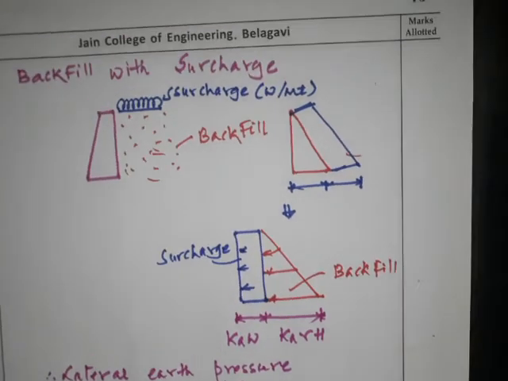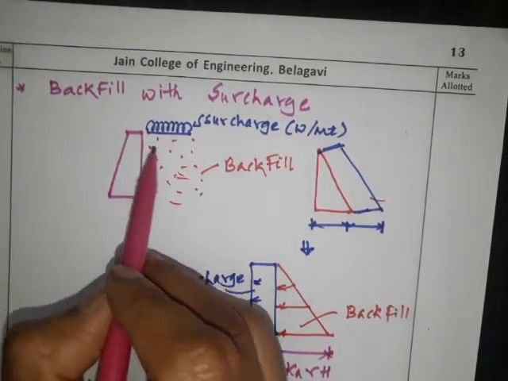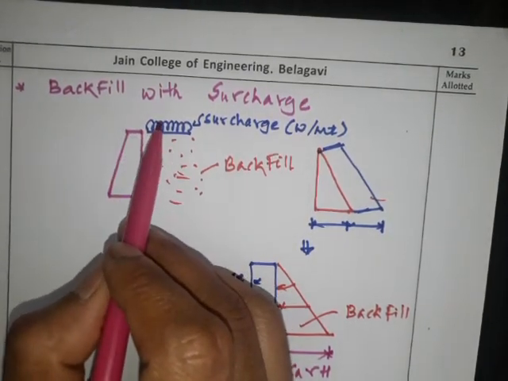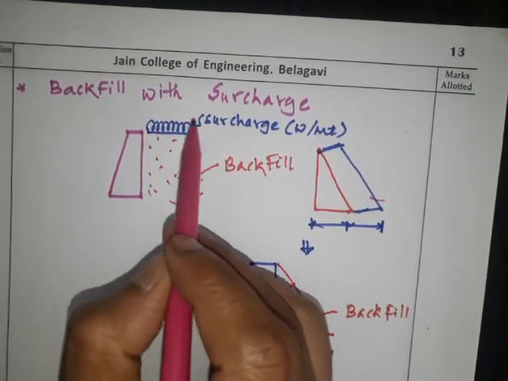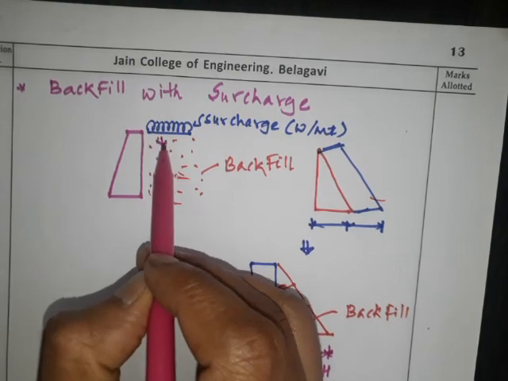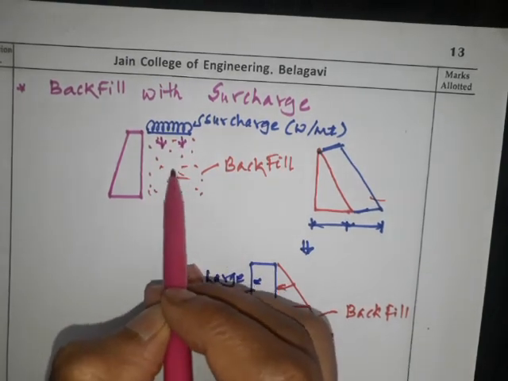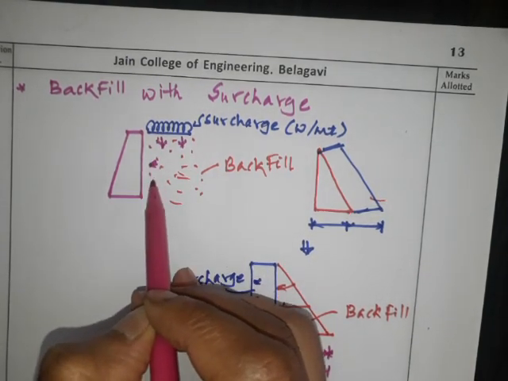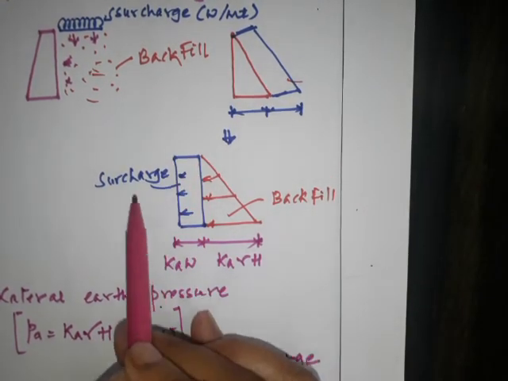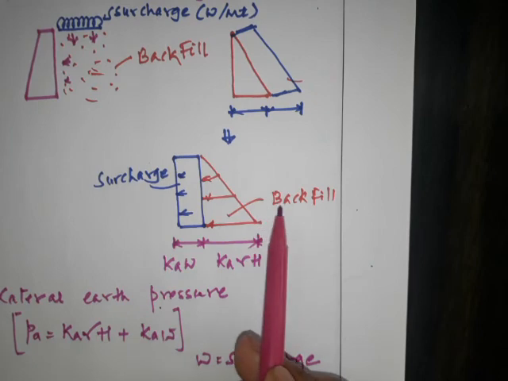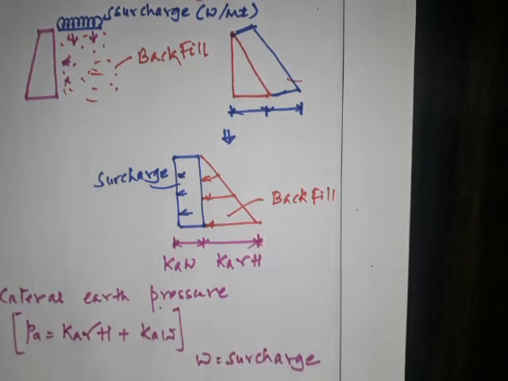If some material is stored here, or a vehicle or truck is there, this surcharge will try to press on this, and the soil will again oppositely try to press like this. So ultimately we get this pressure distribution diagram, due to surcharge and due to backfill.